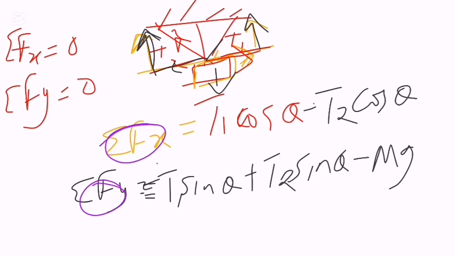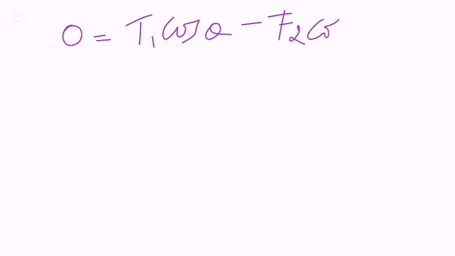Now, how can we calculate tension 2 and tension 1? The first thing, you just calculate. We know mg. Okay, the second thing which we need to know: we have given that the summation of forces acting on x is tension 1 cos theta minus tension 2 cos theta.